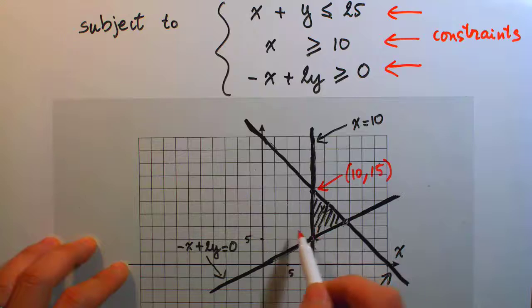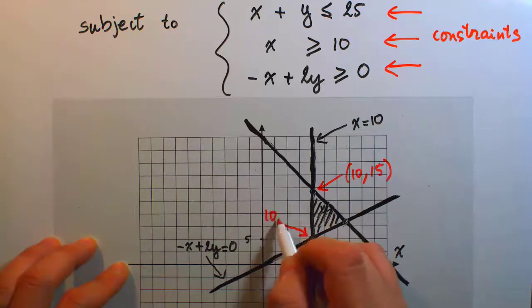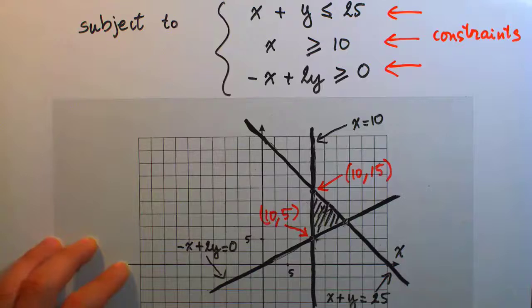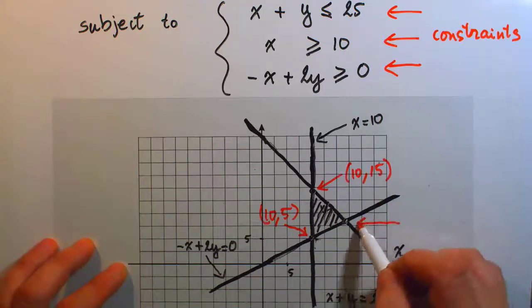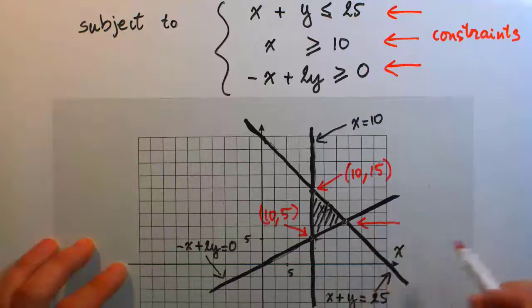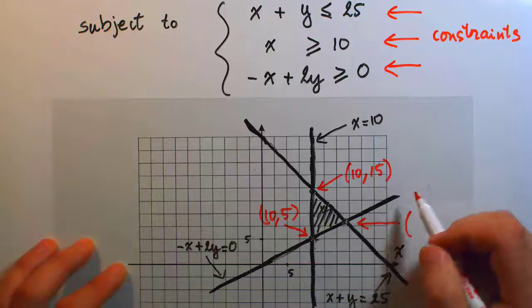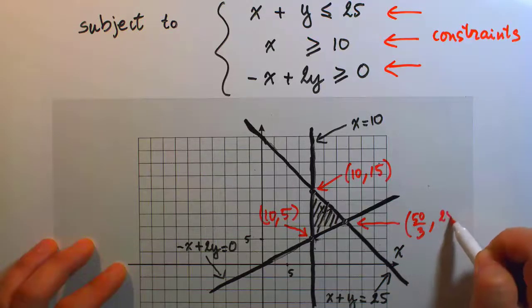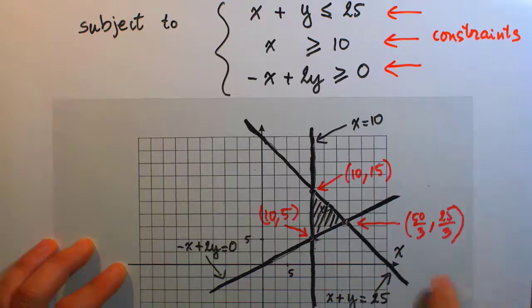We have right here another corner point, (10, 5). And the last corner point takes a few more steps, but you also learned that in the other video lessons. This corner point is at 50/3 for x and 25/3 for y. So we have three corner points.